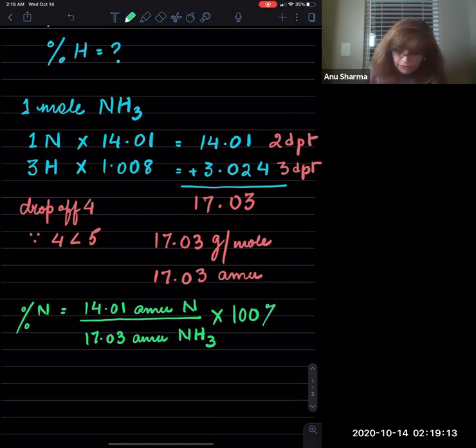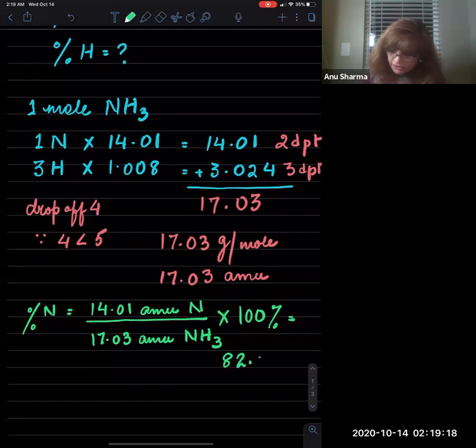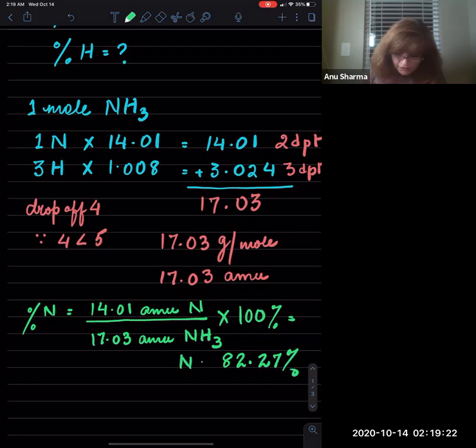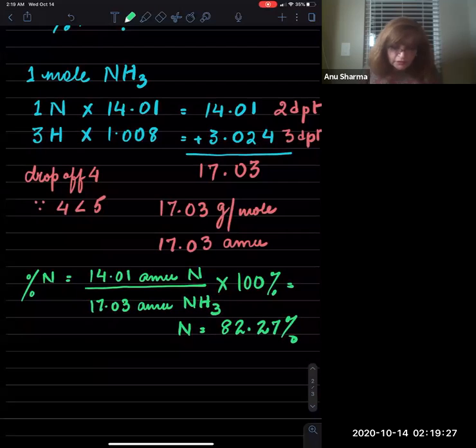And this comes out to be 82.27% of nitrogen. So that's the percentage of nitrogen in the formula mass.